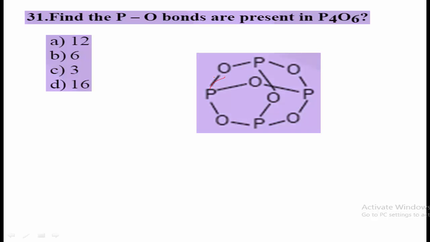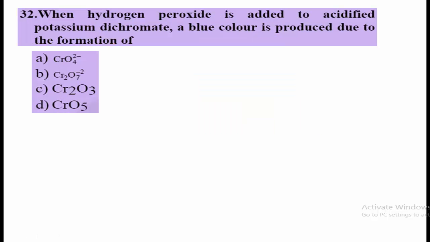This is one bond, 1, 2, 3, 4, 5, 6, 7, 8, as well as 9, 10, 11, 12. Therefore, there are totally 12 PO bonds present. Therefore, option A is the right one.